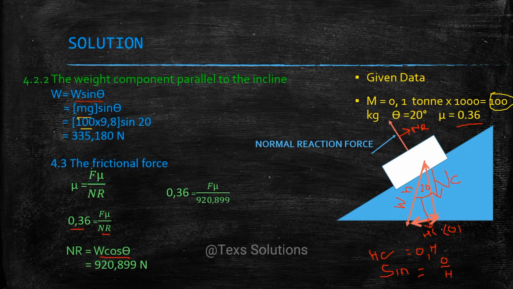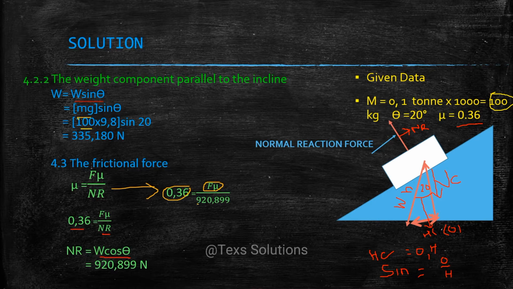When I now substitute back into the formula, coefficient is equal to frictional force divided by the normal reaction force, my coefficient is 0.36. The frictional force is what I'm trying to find, and this is the symbol for frictional force. You will find this formula on your formula page attached at the end of the question paper.